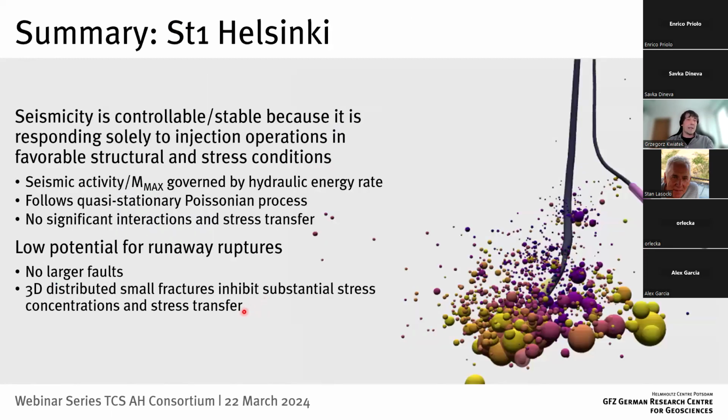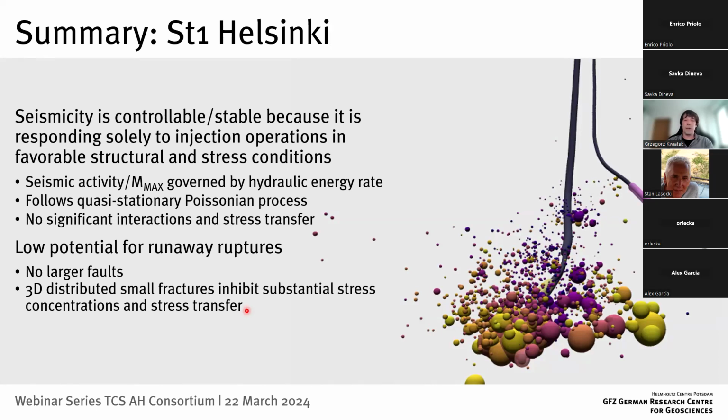To summarize that part, what we believe about the ST1 Helsinki and its seismicity is that the seismicity is simply stable because it's responding solely to injection operations in favorable structural and stress condition settings. That essentially means that the seismic activity and the max magnitude aren't governed only by the hydraulic energy rate. The seismicity follows a quasi-stationary Poissonian process with no significant interaction and stress transfer.